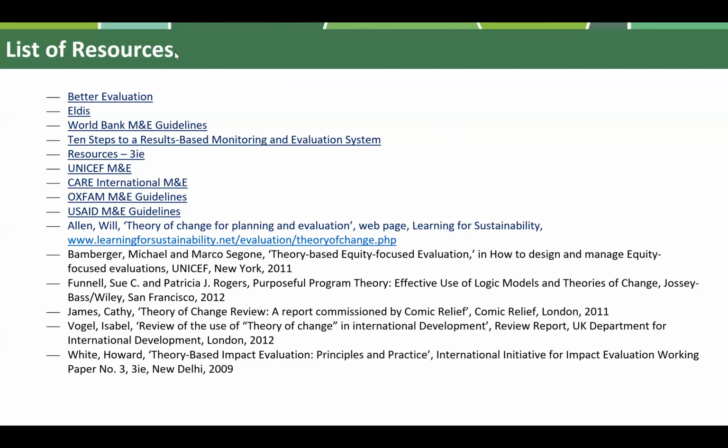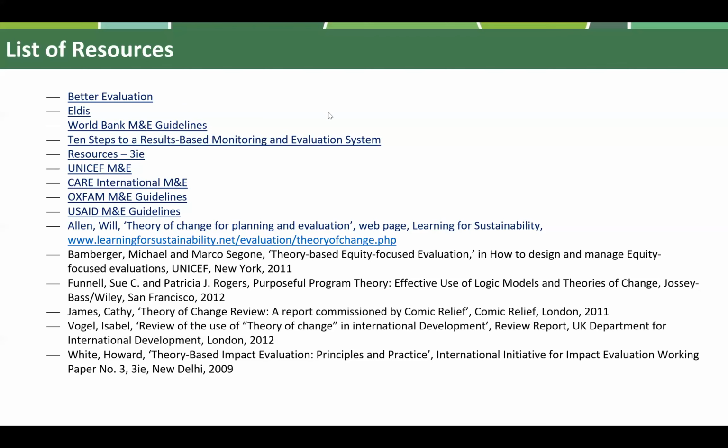So now on the whole list of resources, you will find there are BetterEvaluation, LTS, World Bank, 3ie kind of thing. Ashwini will share the slides with the participants, and these are all hyperlinked.